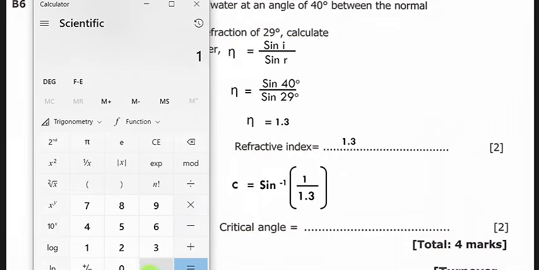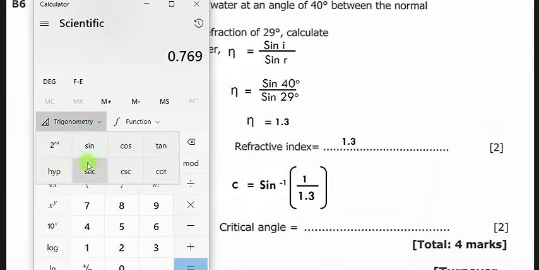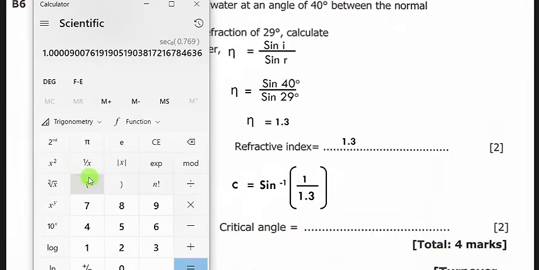1 divided by 1.3769. Okay, so I'll say 0.769. Then let me try this one here and say equals.